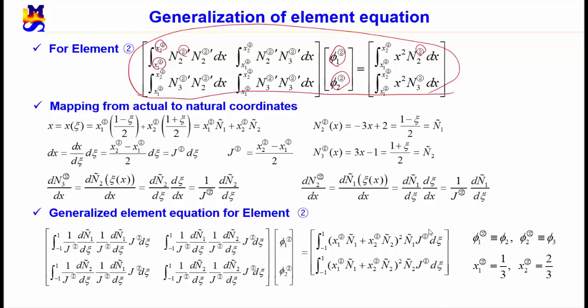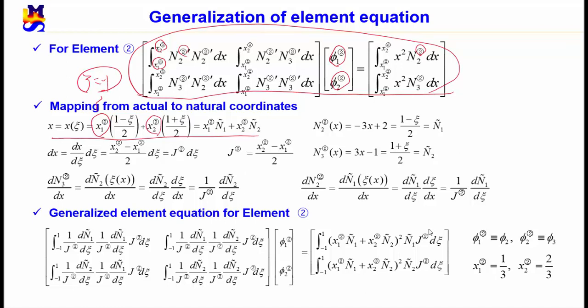Now we are going to map everything from the global coordinate system to the natural coordinate system using this mapping function. Plugging -1 for psi into the mapping function, we obtain x equals x1 for element 2, implying that the left nodal point in the global coordinate system is mapped to psi equals -1 in the local or natural coordinate system.